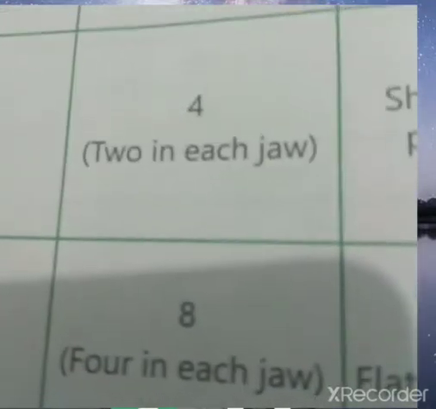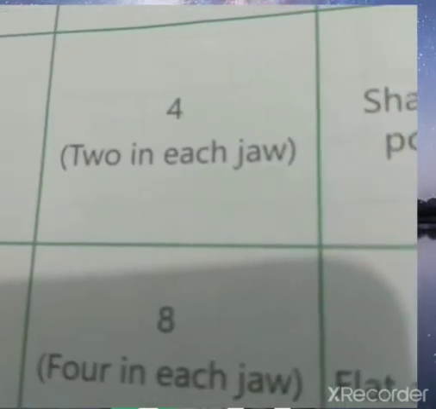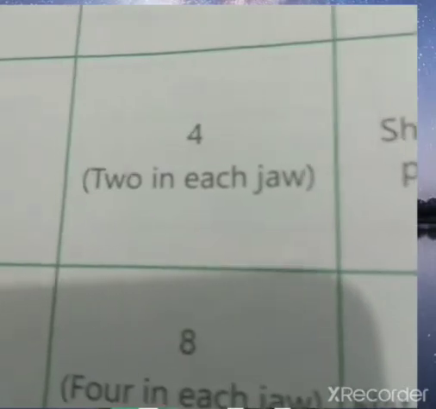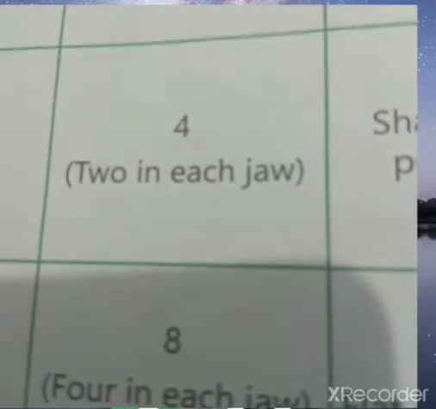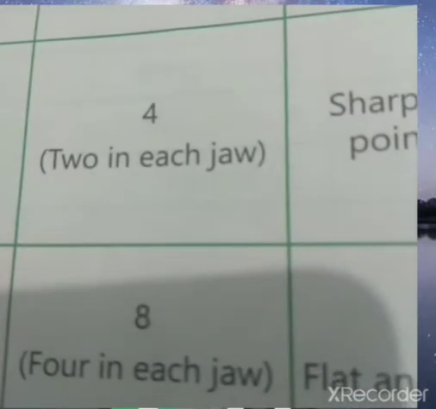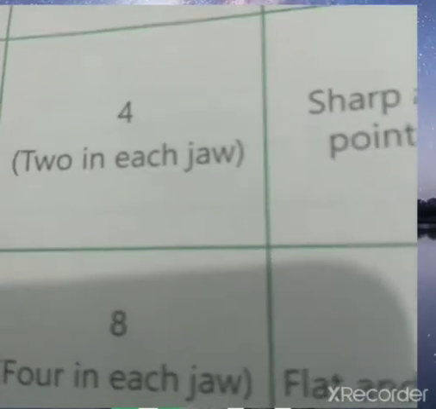Now second, canines. Canines, two in each jaw. Inside of the incisors there are canines, after the incisors, one on the left side and one on the right side, and in the lower jaw one left and one right.